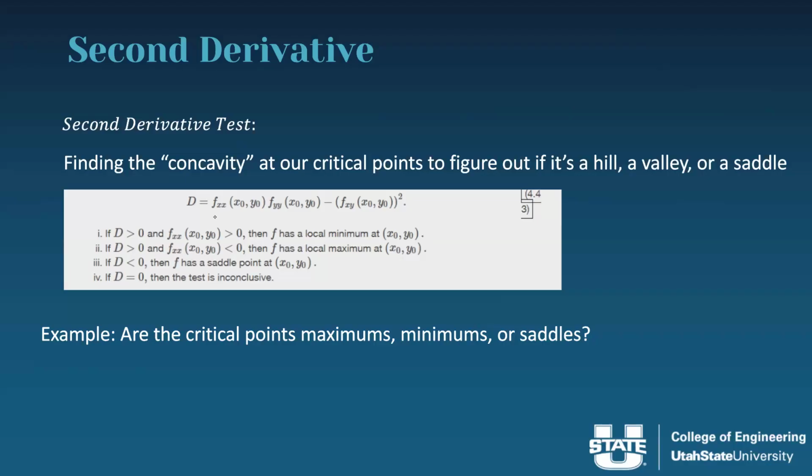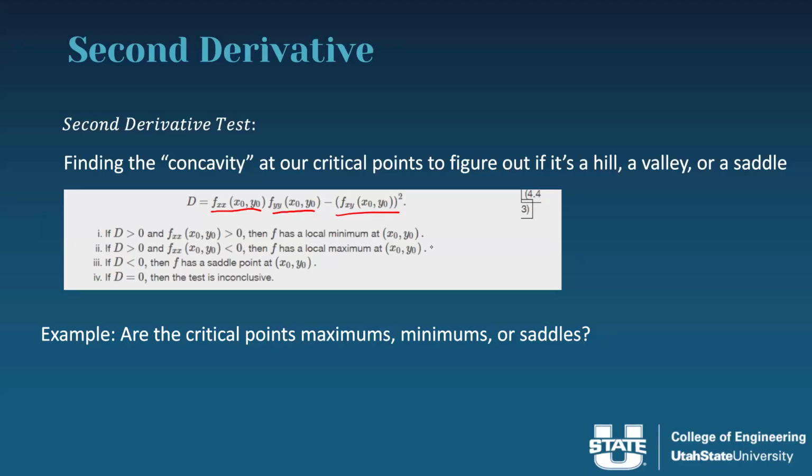It says that if we have our second derivative in terms of x times our second derivative in terms of y, minus our mixed derivative squared, or our first derivative of x and then derived in terms of y, all of that together is equal to D. Then we have different rules for whether it's a valley, a saddle, or a hill, and we're evaluating it at our critical point.